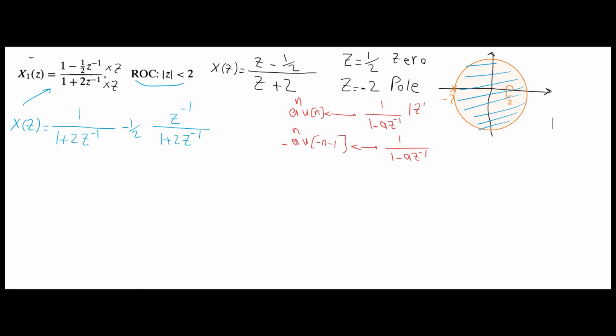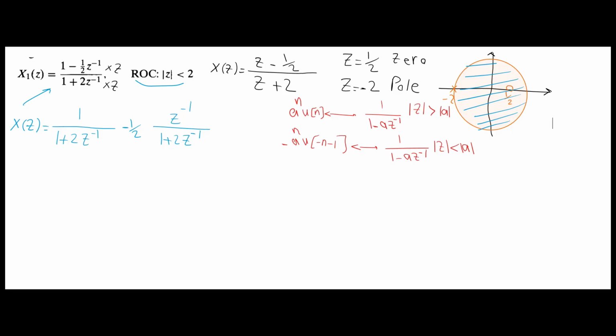The Z transform of minus a to the power n times u[minus n minus 1] is 1 divided by 1 minus a z to the power minus 1, with ROC the magnitude of z less than the magnitude of a.